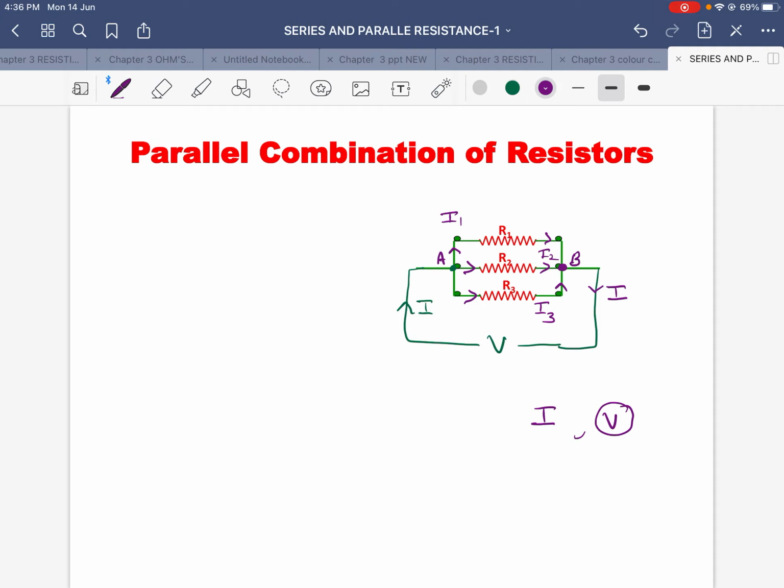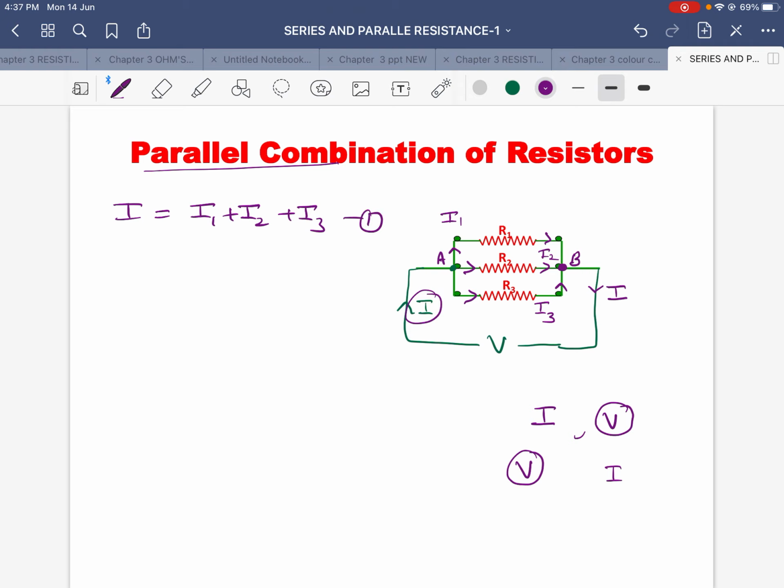But if resistances are connected in parallel, then potential will remain the same across each resistor, but current will vary. Now here the total current I is divided into three parts, that is I1, I2 and I3. Therefore total current I will be equal to I1 plus I2 plus I3, the sum of three currents.